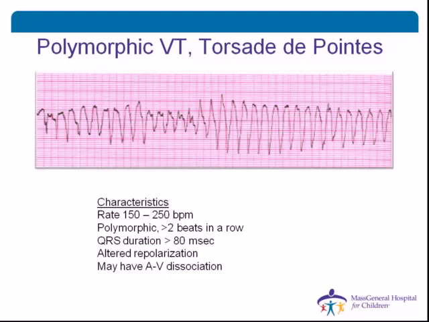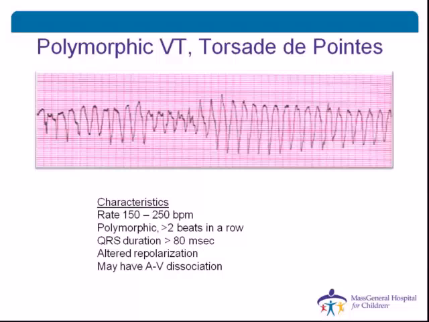Polymorphic ventricular tachycardia, or Torsades de pointes, is different than ventricular tachycardia in its morphology of the QRS complex, given the appearance of a wire spinning around itself. The rate can vary between 150 and 250 beats per minute.